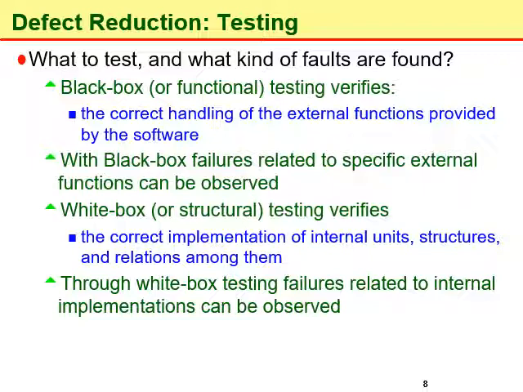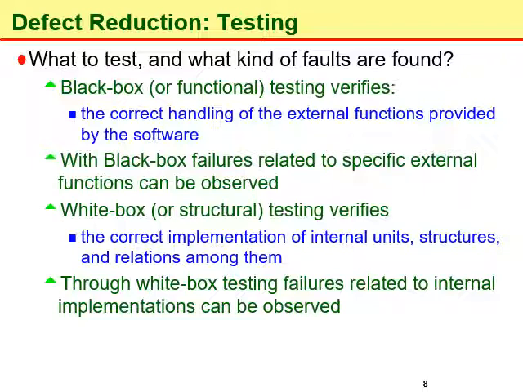On the other hand, white box or structural testing verifies the correct implementation of internal units, structures, and the relationships among those structures. Various techniques can be used to build models and generate test cases to perform systematic black box or white box testing.